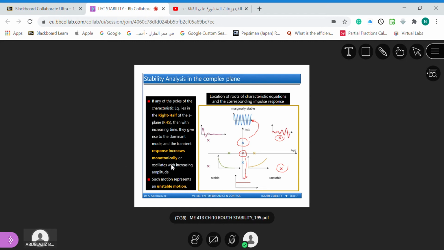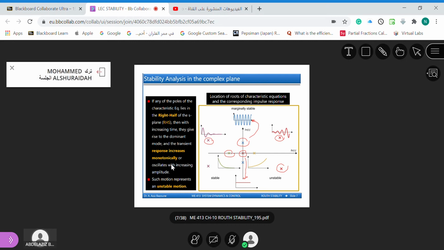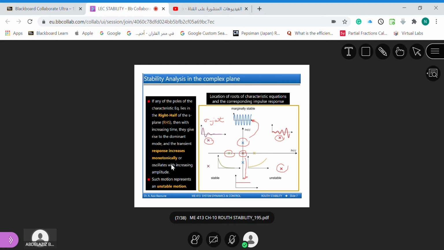If the pole is here, we have sigma plus j omega t, where the real part is negative, but the imaginary part could be positive or negative. So now we care about the real part. The real part will be a decaying function, and the imaginary part will be an oscillating function inside it.